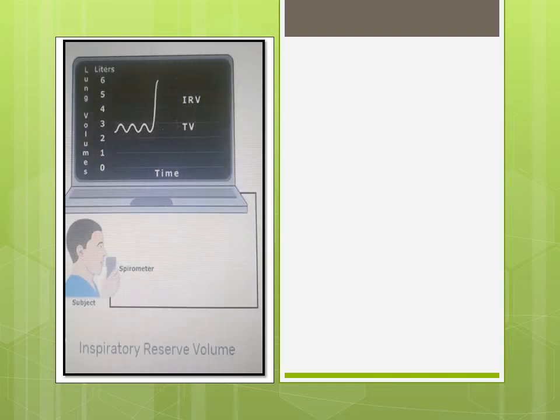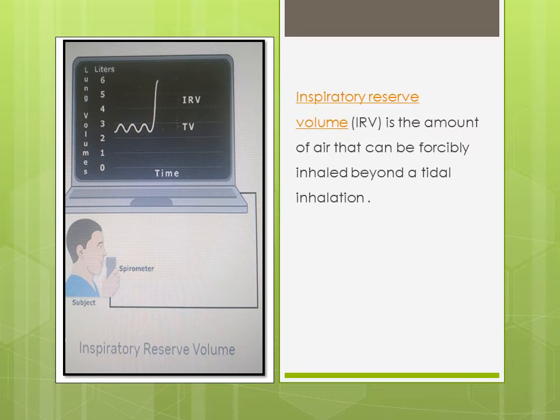In the previous graph also, what I was asking you to check is, once you see the graph rising, that is the tidal volume. Once you inhale and exhale into the mouthpiece, we get a tidal volume inhalation, and then the tidal volume exhalation.